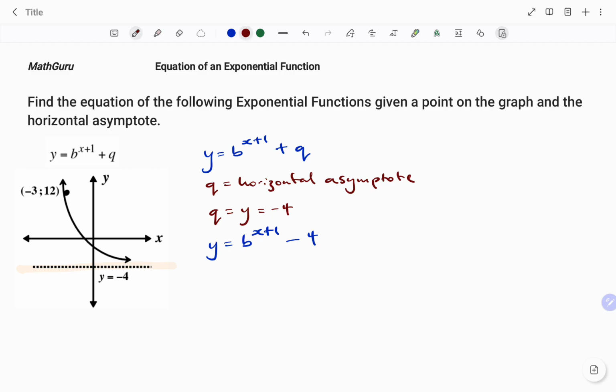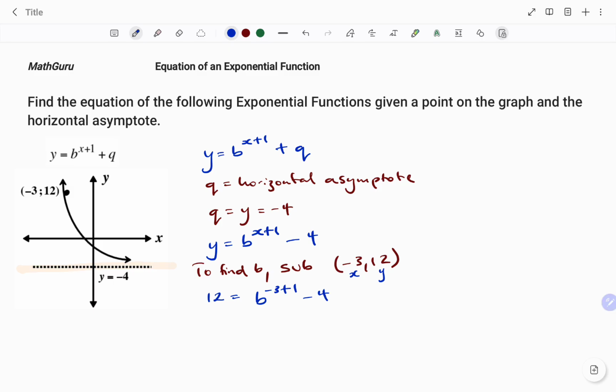So therefore, I'm going to sub the point -3 and 12, such that my -3 is my x value and my 12 is my y value. So therefore, I have 12 equals b to the power of -3 plus 1 minus 4.